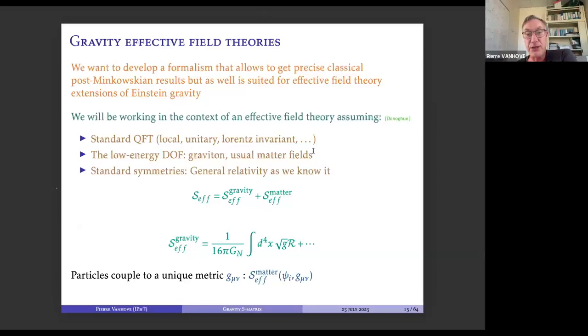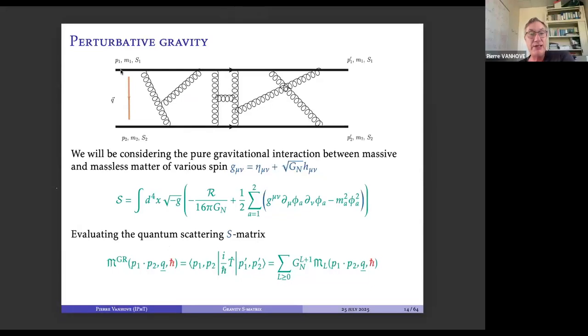So here comes a very important point: what are the degrees of freedom that I'm using? It's extremely important to realize that. Here we have two massive objects, M1, M2. There is very little momentum transfer.